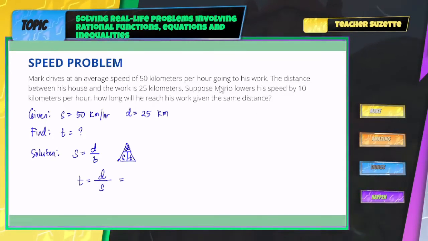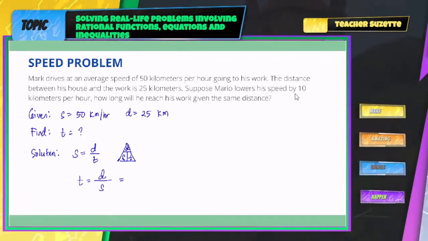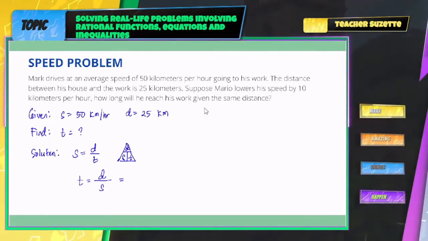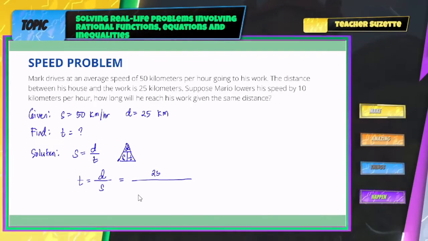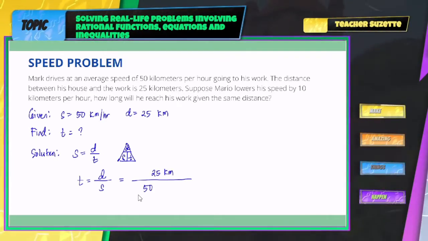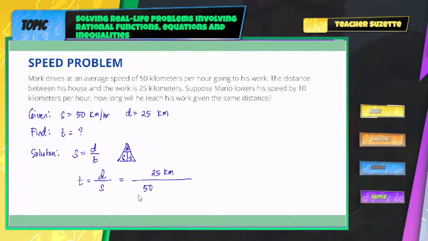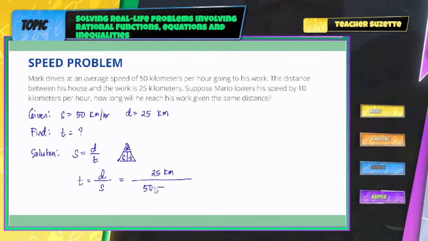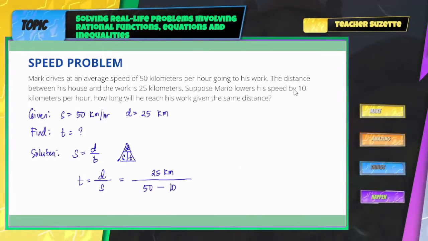And remember, sabi sa ating problem is that we have to lower his speed by 10 km per hour. So, therefore, still given the same distance of 25 km, we will have now 50, the original or the average speed na takbo ni Mark, minus yung ating lower speed of 10 km per hour.